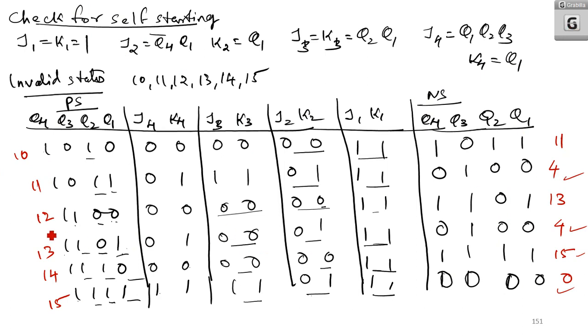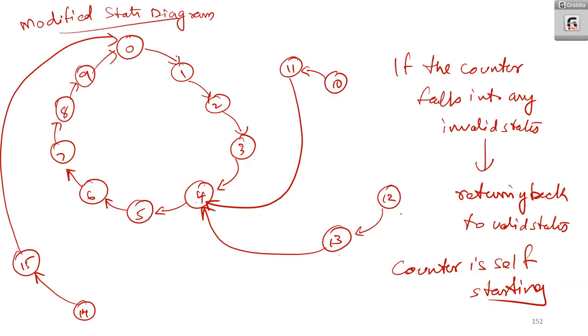If it is falling in 12, it goes to 13, and from 13 it comes back to 4 in the next clock pulse. And if it is 14, it goes to 15 and comes back to 0. That means if the counter encounters any invalid state, in 1 or 2 clock pulses it is coming back to the valid state, which means that the counter is self-starting.